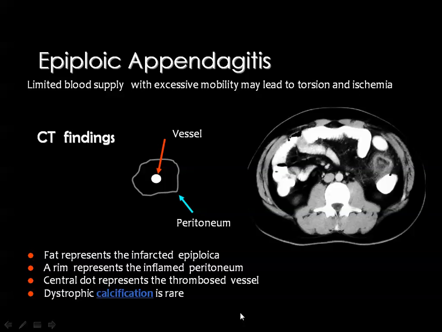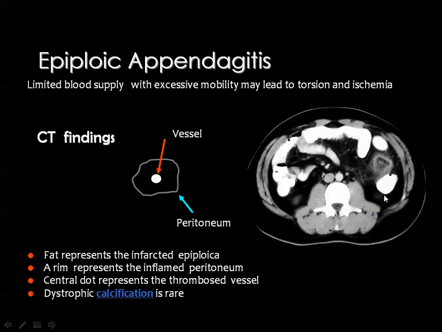Then these appendices epiploicae, being freely mobile, can twist, resulting in compromise of the blood supply, leading to ischemia and inflammation. The findings will appear in the CT scan like this lesion, which is composed of three parts.